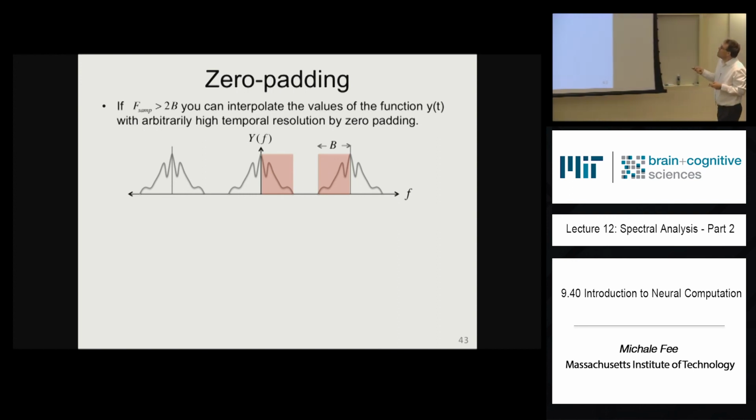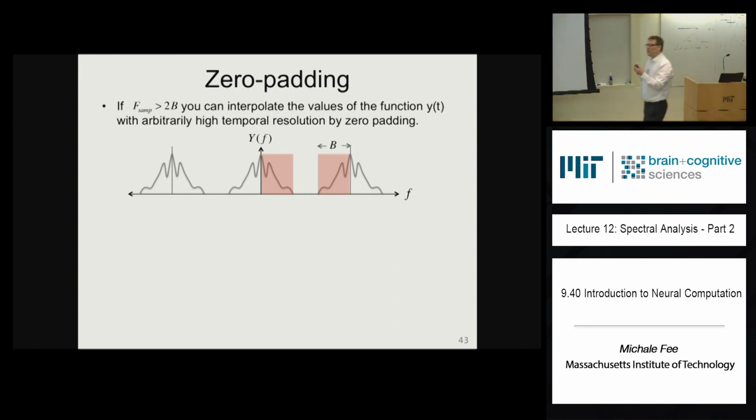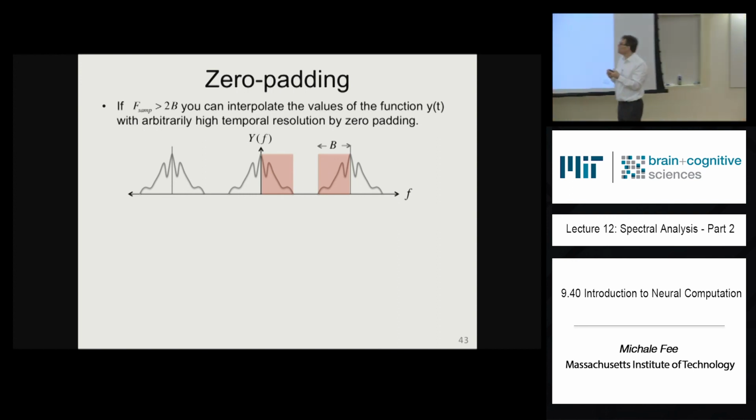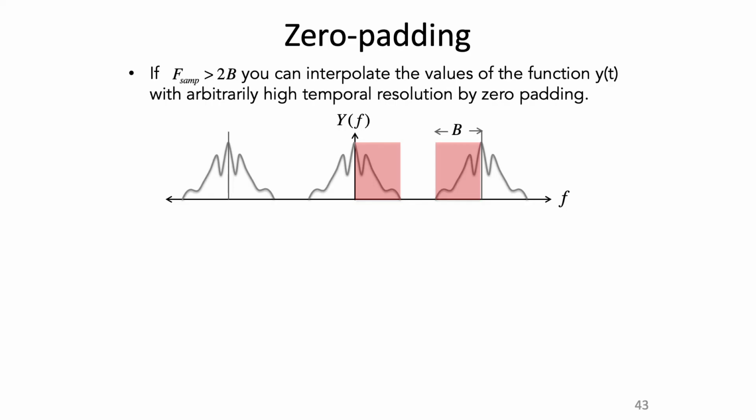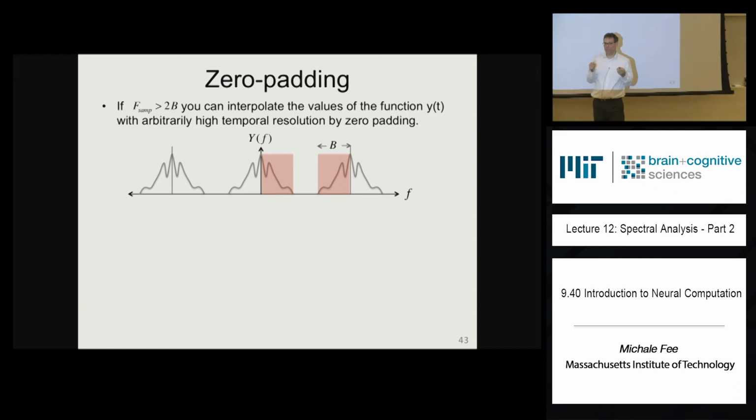Okay. So there's this cute trick called zero padding, where you don't perfectly reconstruct the original signal, but basically you can interpolate. Okay, so you can extract the values of the original signal at times between where you actually sampled it.